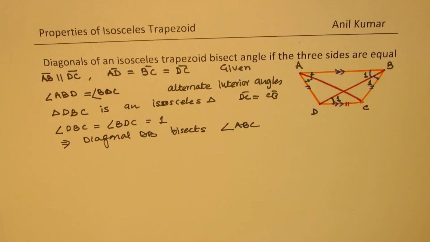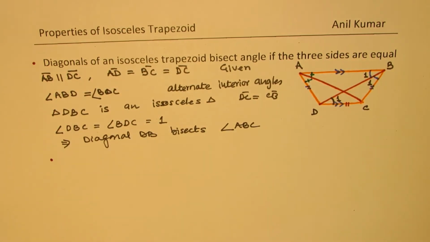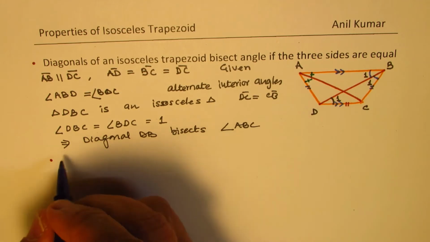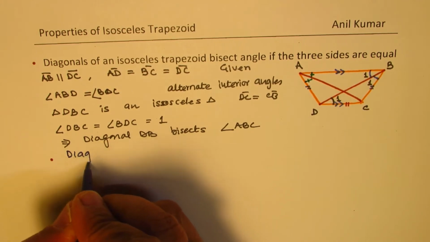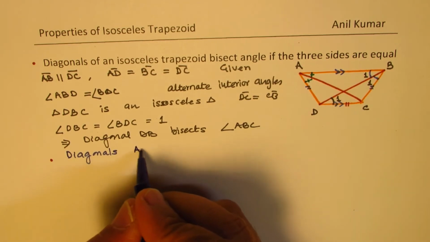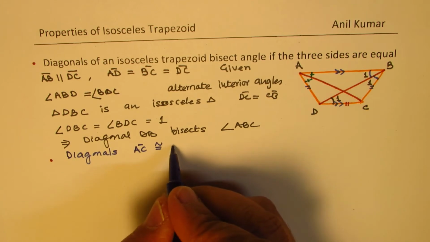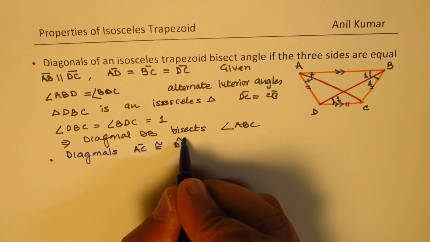The second part of this question, let me add that, the second part which we need to prove is that the diagonal AC is congruent to diagonal DB.